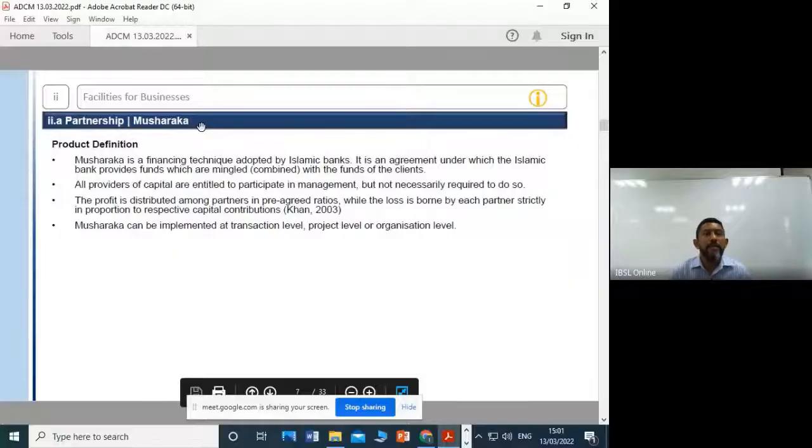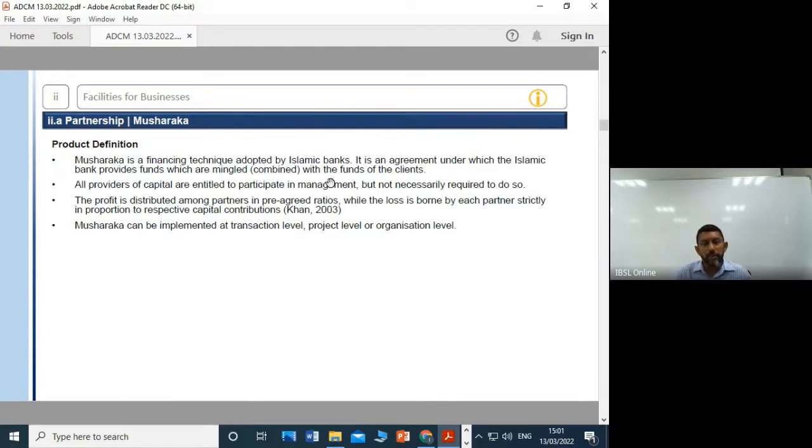So partnership is one of the key contracts Islamic finance practitioners use to offer financing.